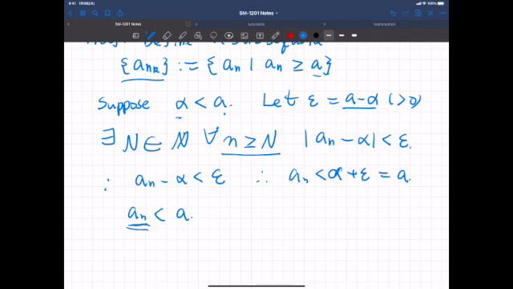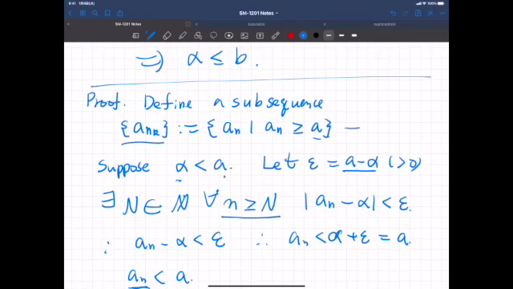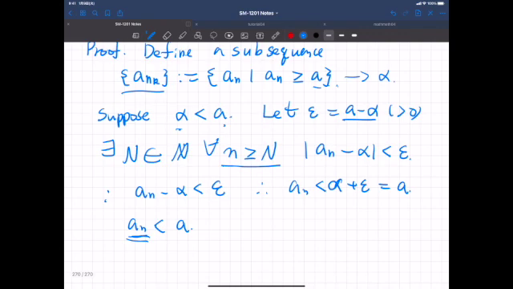But this is a contradiction because we have this subsequence which converges to alpha, and this contains infinitely many elements. So this cannot be true. This says after a certain point, all elements of this sequence are less than a. So this is a contradiction. That concludes the proof.